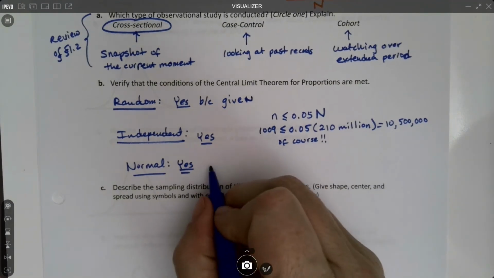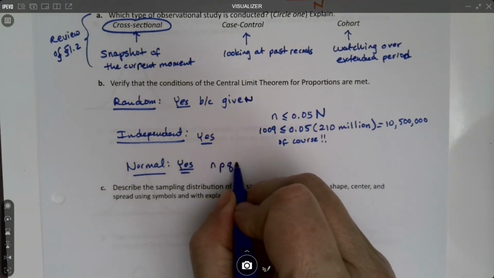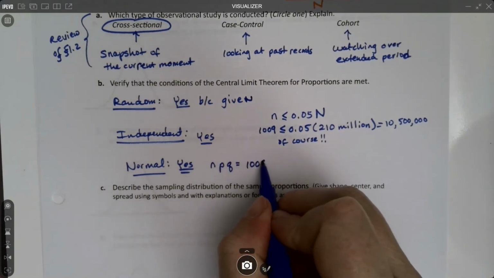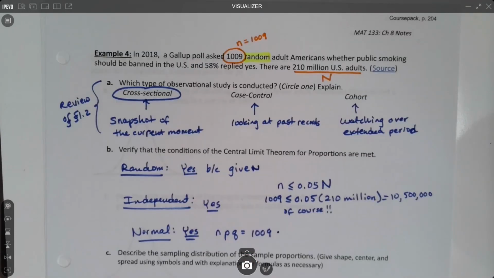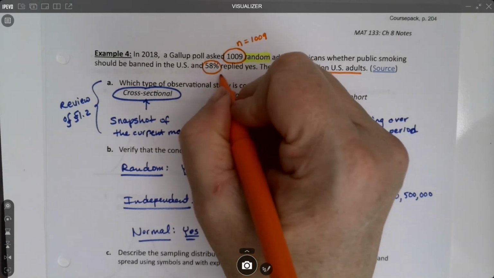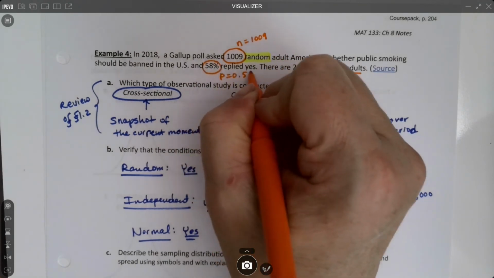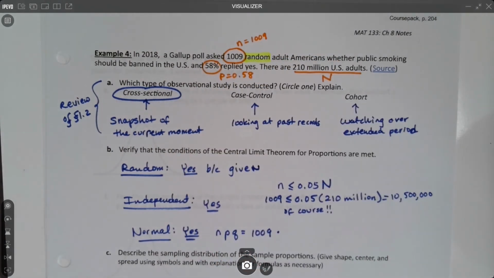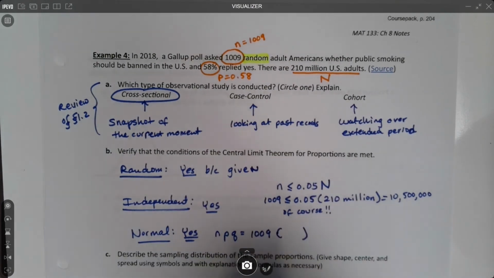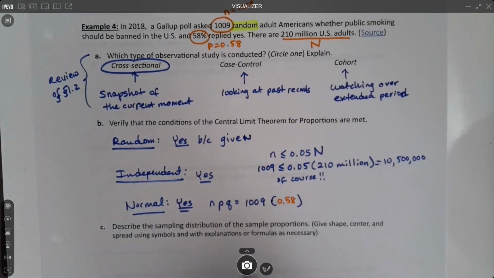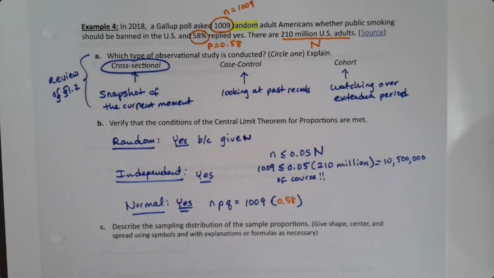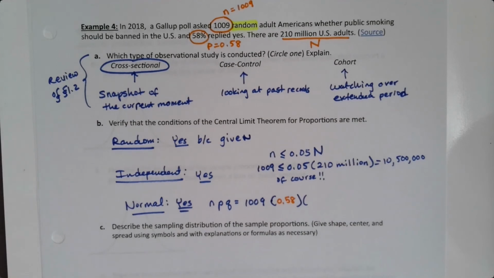So we need npq. n was 1009 times p. p was right here, and it really pays to write these out for yourself. p is 0.58, so I'm going to put parentheses around it. And q is the complement of 0.58, so it's 1 minus that, which is 0.42.